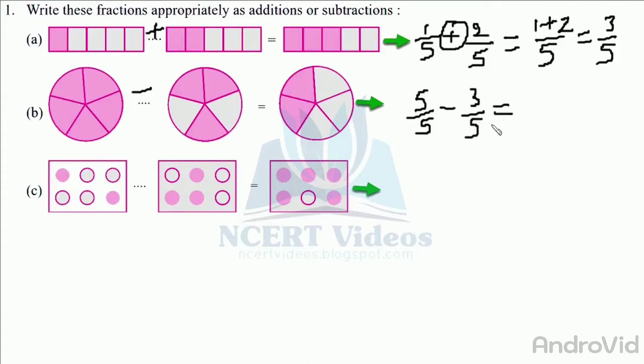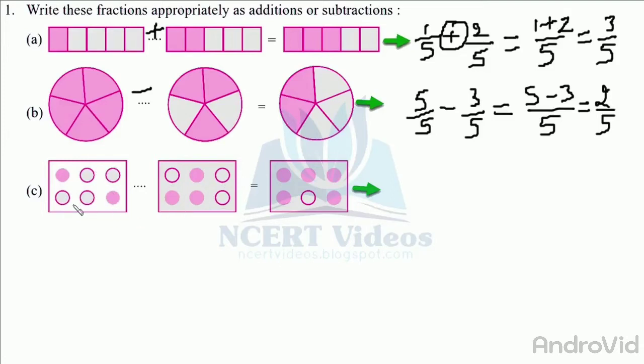So we'll write mathematically 5/5 minus 3/5 equals, taking LCM, 5. So 5 ones are 5, that means 5. We'll write here 5 minus, again 5 ones are 5, 3. So 2/5. That is also seen in the final picture.